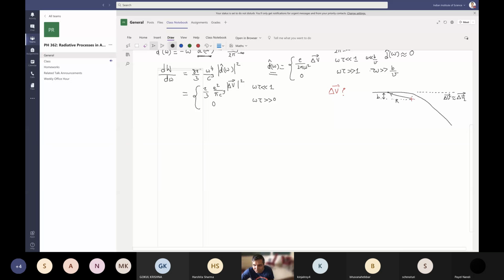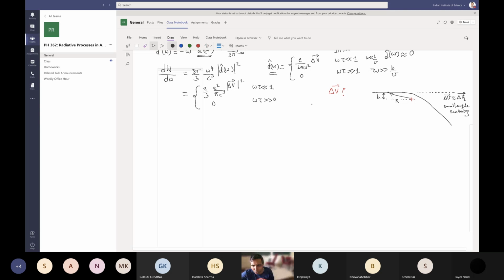The velocity changes in the perpendicular direction, and that's why this angle is small. Okay, so this is small angle scattering of electrons over protons. Scattering is nothing but collision. Here we are considering particle-particle collision. Previously, when we talked about scattering, we were considering photon-particle interaction.